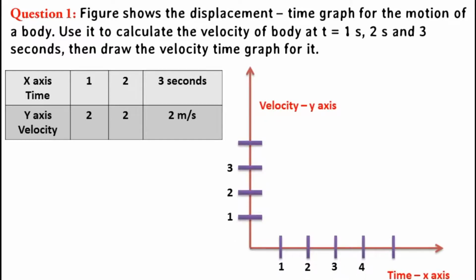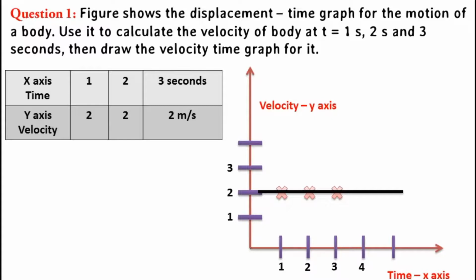Now mark the values on the graph. At 1 second velocity is equal to 2 meter per second, at 2 seconds velocity is equal to 2 meter per second, and at 3 seconds too velocity is equal to 2 meter per second. Now join these dots. We will get a straight line parallel to the x-axis, so the body is moving with a uniform velocity.